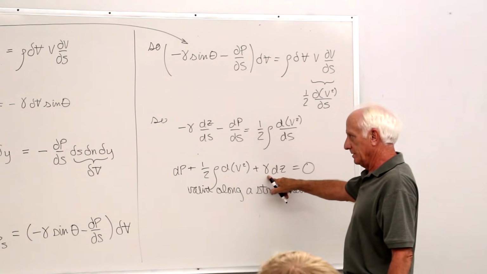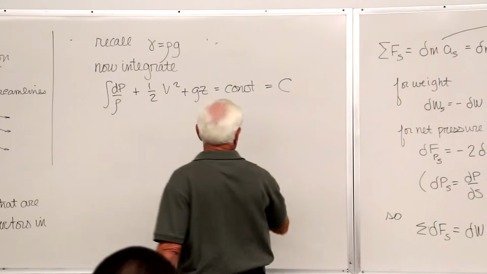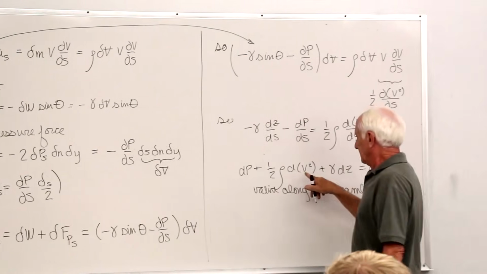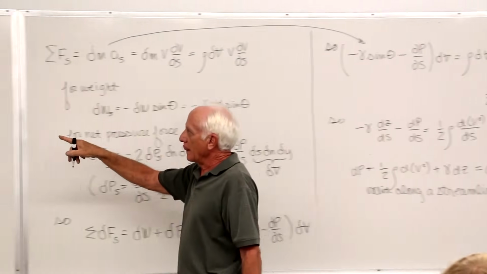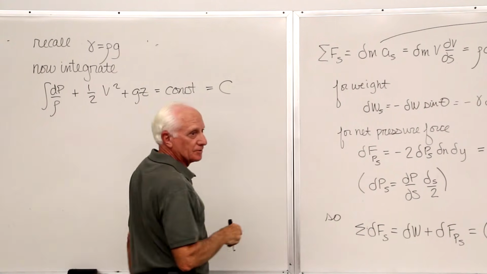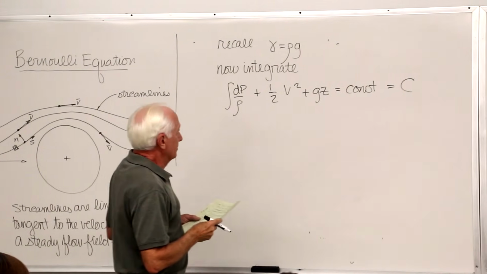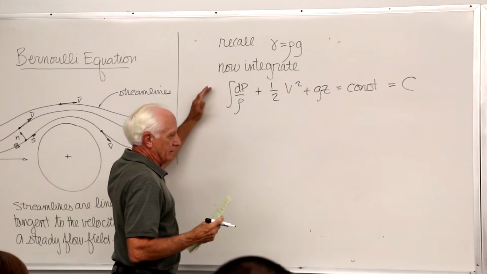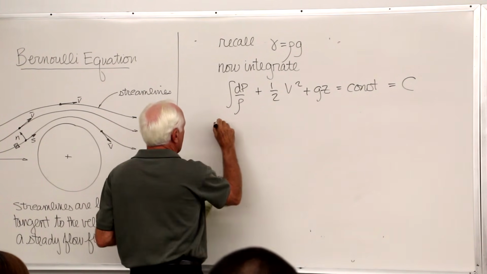Rho g divided by rho is what? g times z. Integrate the velocity term, pull the half outside, pull the rho outside, divide by rho, and that's where the V squared came from. So C is a constant. Notice that this is written for a streamline. C has the same value anywhere along a streamline.